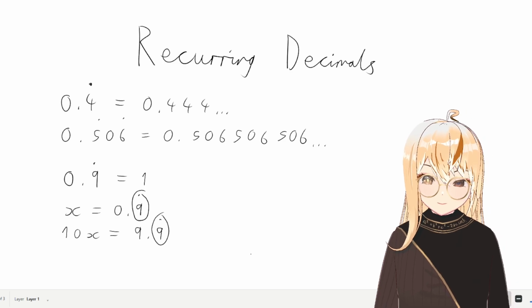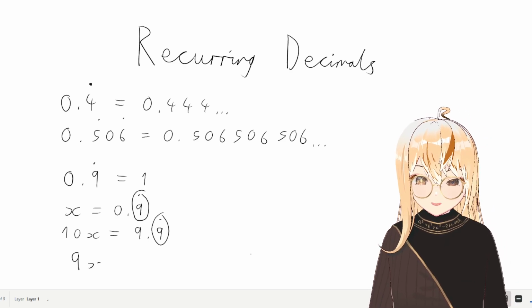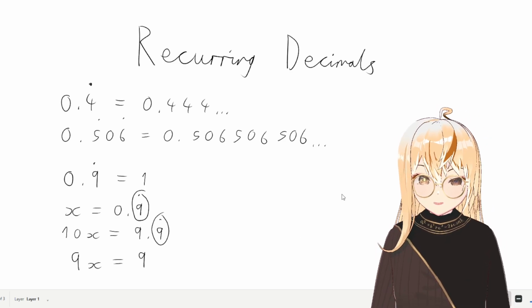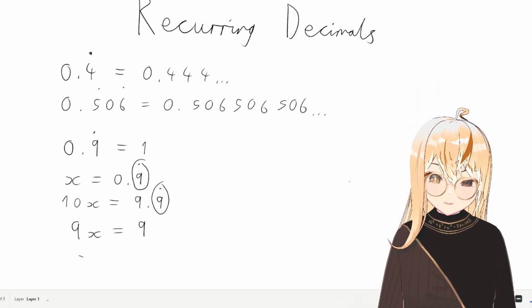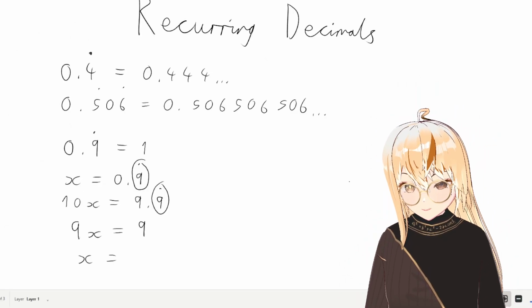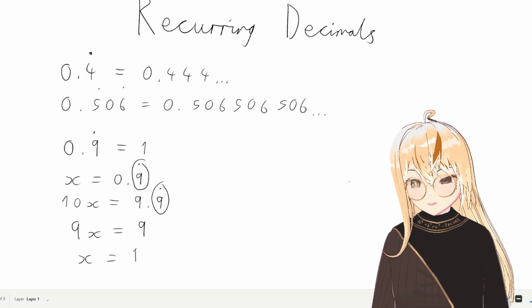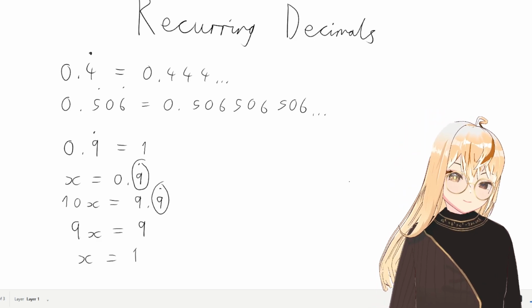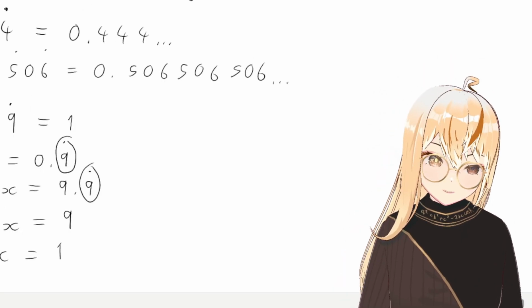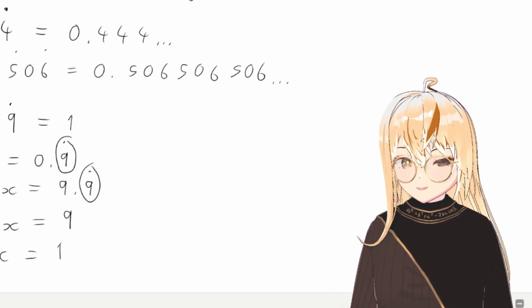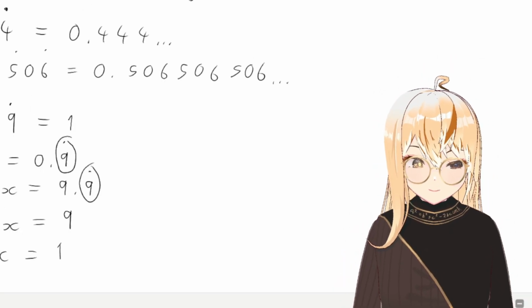So what we're left with is 9x is equal to 9. And you might see what we're trying to get at here, but just divide both sides by 9 and x becomes 1. So x is equal to 0.9 recurring, but x is also equal to 1. So they must be the same thing. You might question how valid this is, but I assure you this is totally right.